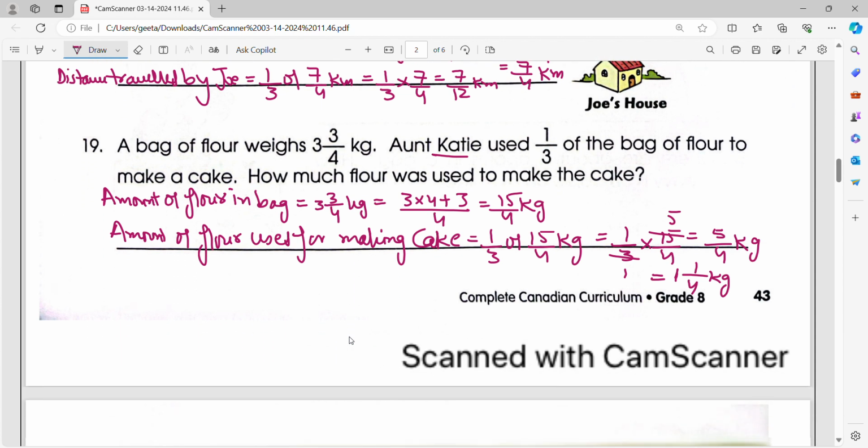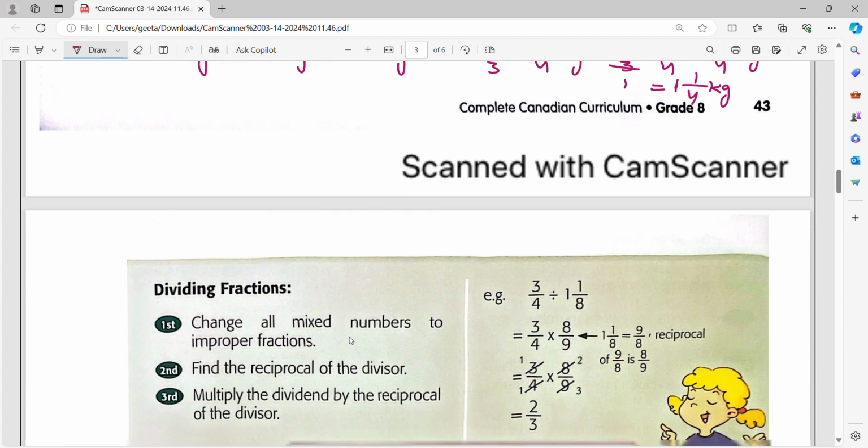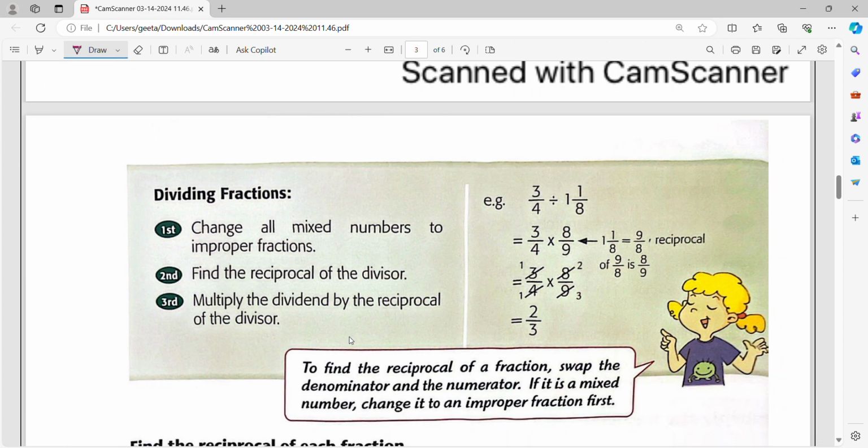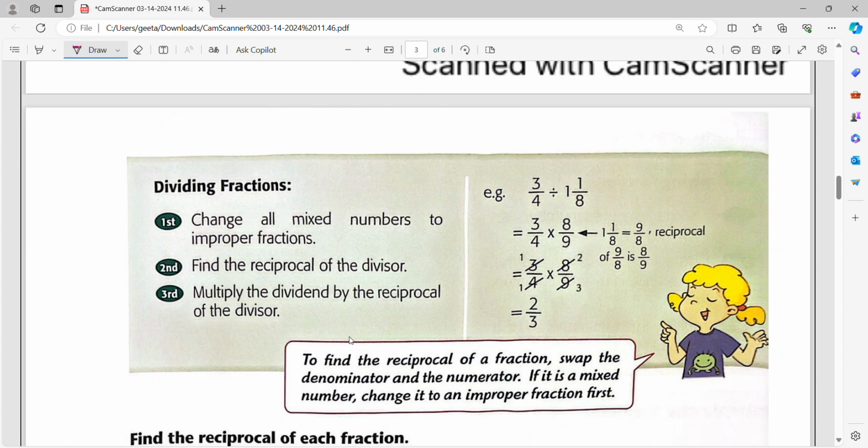Okay, next is dividing fractions. Can you please read this? How to divide fractions? Procedure of that?